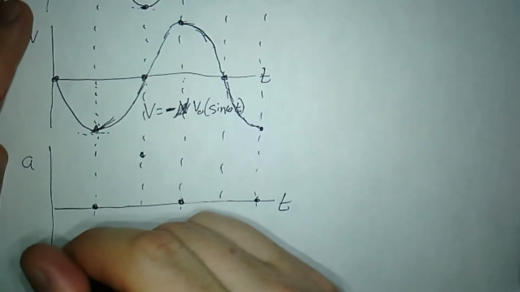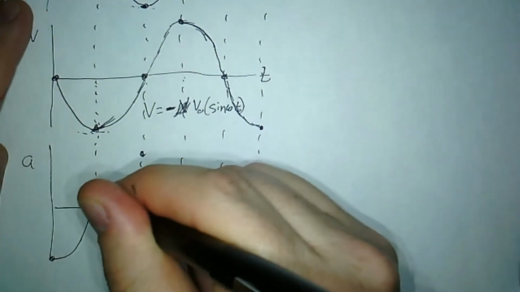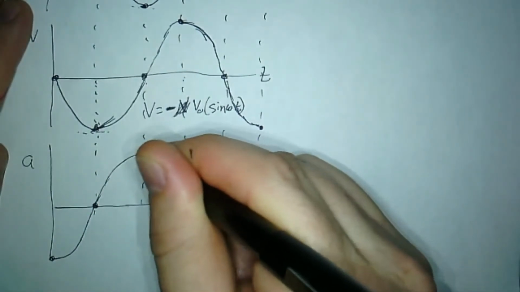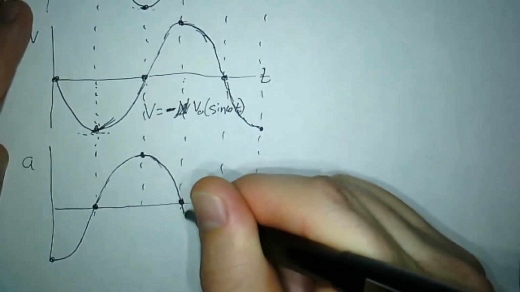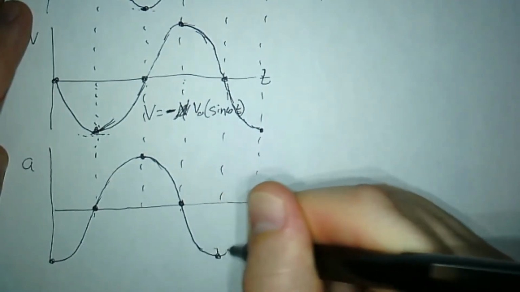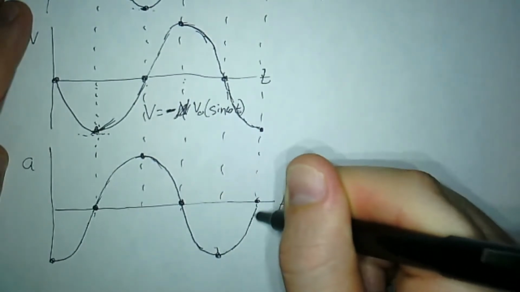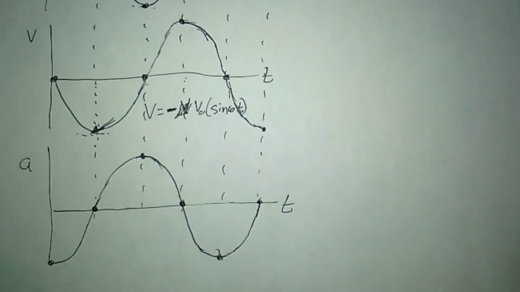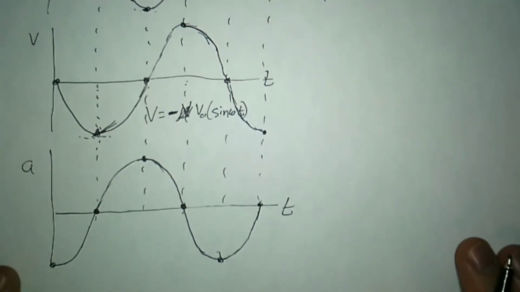So I'm going to get a graph that looks kind of like minus cosine, but once again, drawn a little poorly. But it's okay if you're bad at drawing. No one will judge you here. Bad drawers anonymous. All right, so those are what your velocity, position, and acceleration graphs should look like.